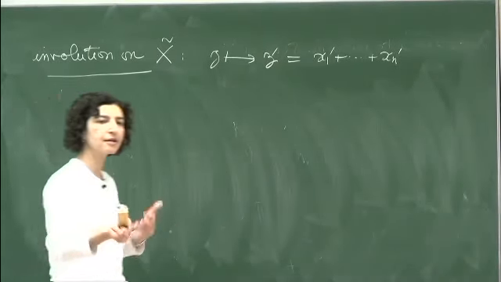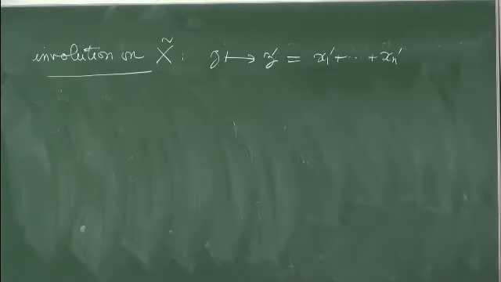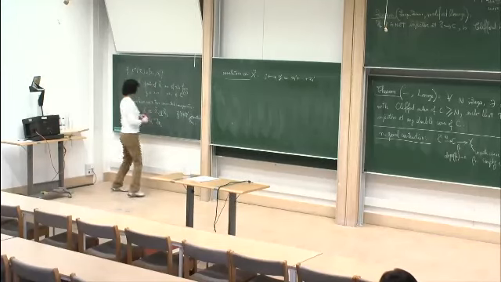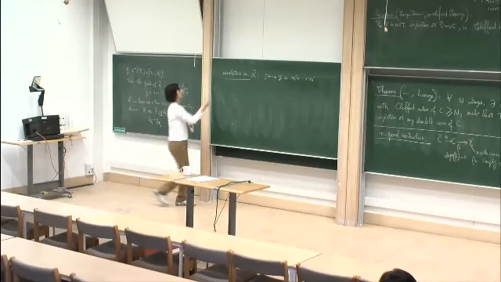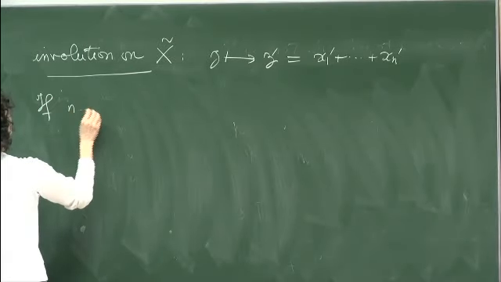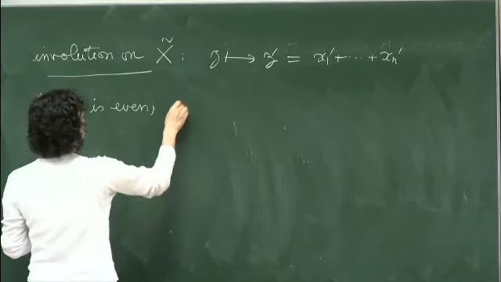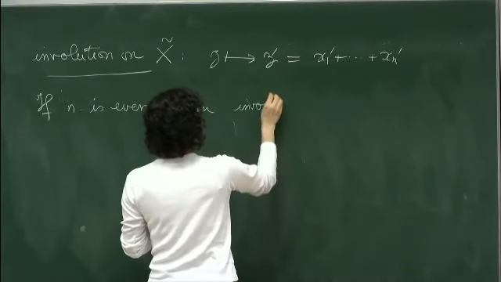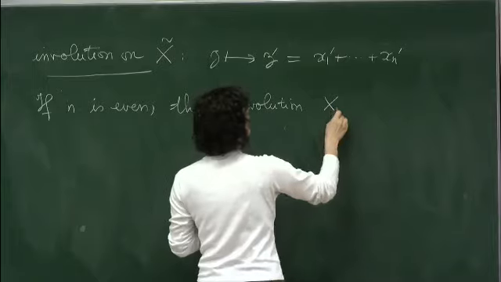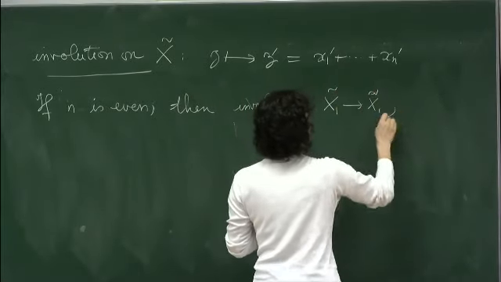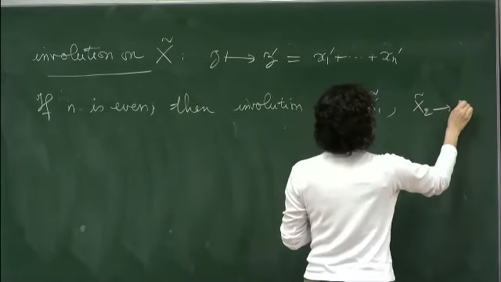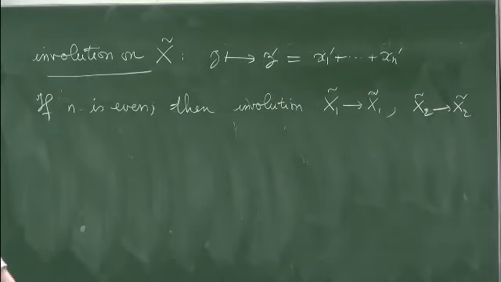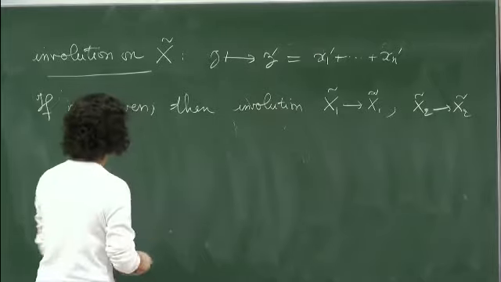So I'm applying the involution on C tilde, and I get an involution on X tilde. And now we're going to restrict even further. If n is even, this involution will send X1 tilde to X1 tilde and X2 tilde to X2 tilde. And if n is odd, it will exchange them.